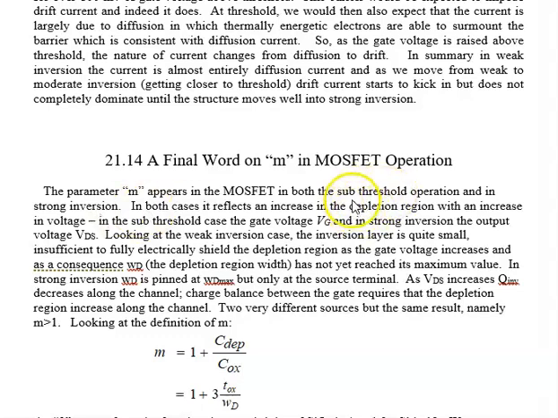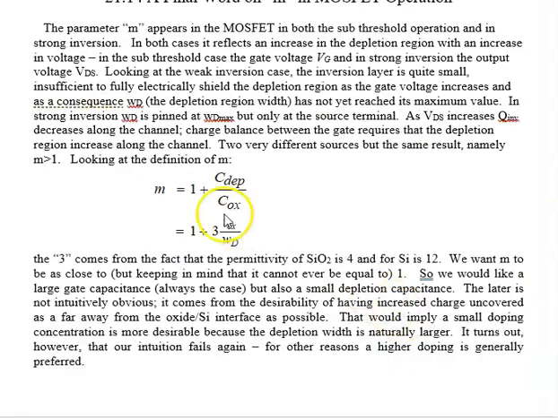In the case of subthreshold inversion, whenever we raise the gate voltage, we're putting some charge not only into the mobile electron inversion layer at the surface, but also into the depletion region. In strong inversion, as we move along the channel from the source to the drain, the charge balance requires that the depletion region increase. So whenever we get a depletion region increase, we have to contend with this issue of M.